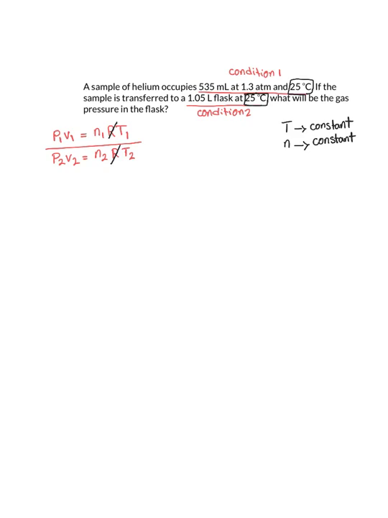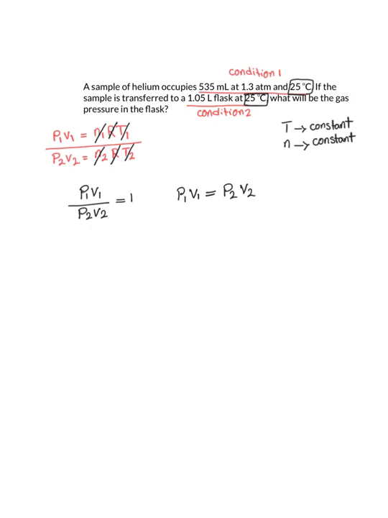So we can cancel out temperatures and moles from this equation. So we have P1 V1 over P2 V2 equals 1. After rearrangement, we have P1 V1 equals P2 V2.